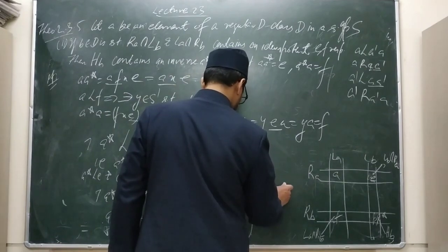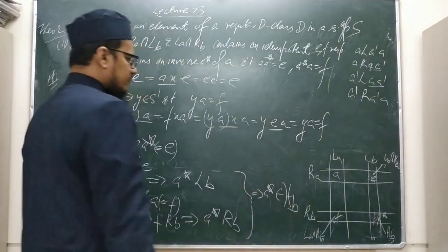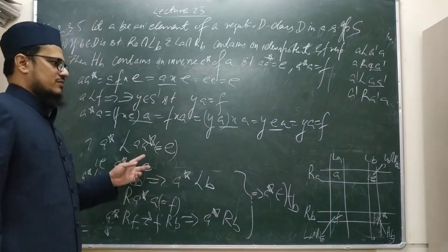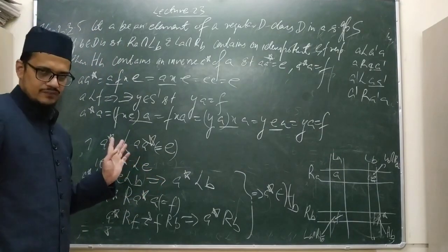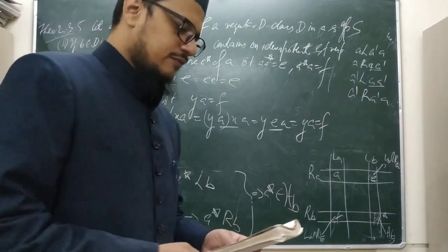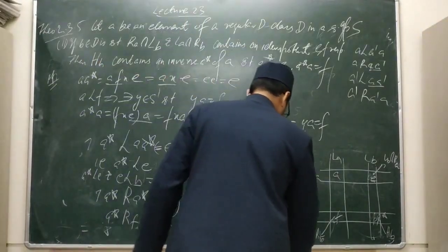A star belongs to HB. So we have proved that A star is in HB and A star is equal to E and A star A is equal to F. So in this way this part is proved. So finally we will do the last part of 2.3.5.